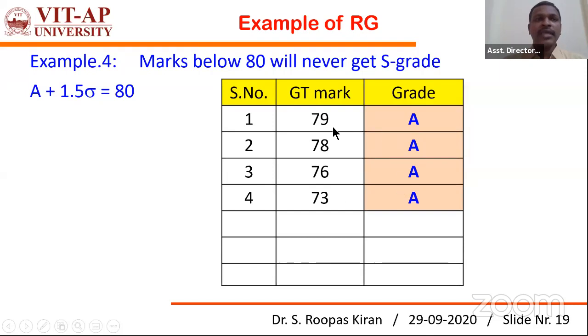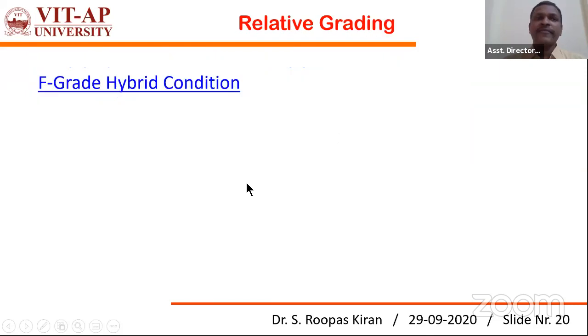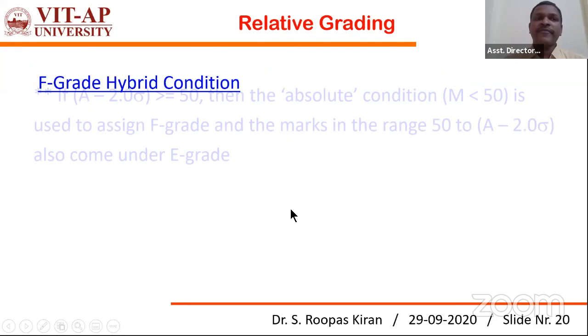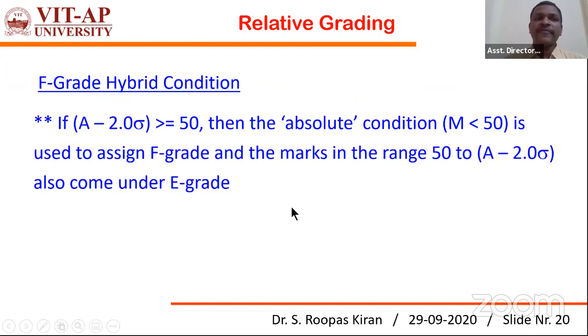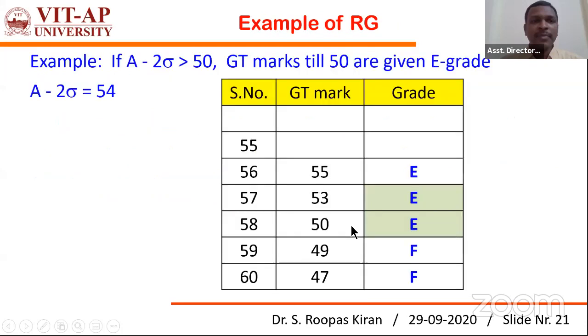Regarding the F grade boundary condition, for example, if the class is having higher marks, meaning most of the students are securing higher grand total marks, then A minus 2 sigma may itself be more than or equal to 50. This is one example: A minus 2 sigma is 54, but you scored 53.